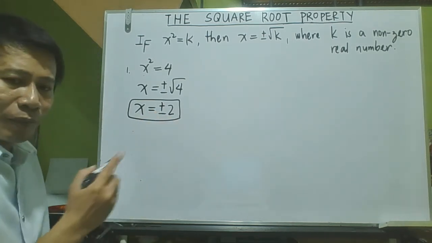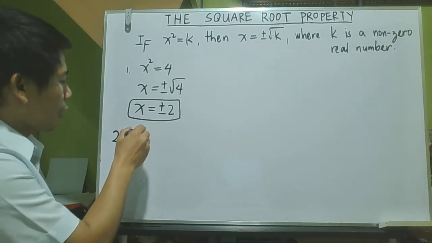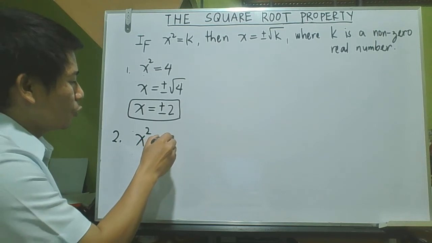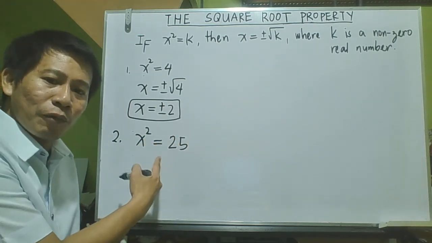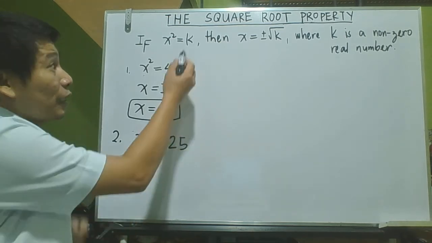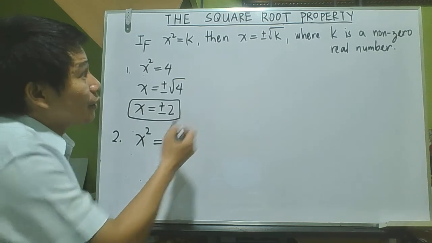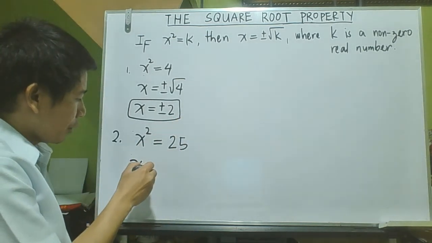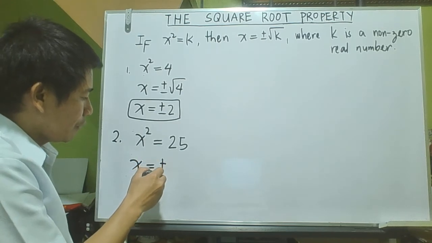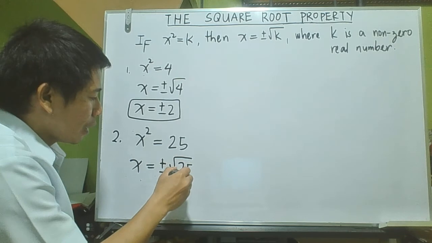Now, let's have another example. Suppose we have here x squared is equal to 25. In this equation, our k is 25. So, if we apply the square root property, x will be equal to positive negative square root of 25.